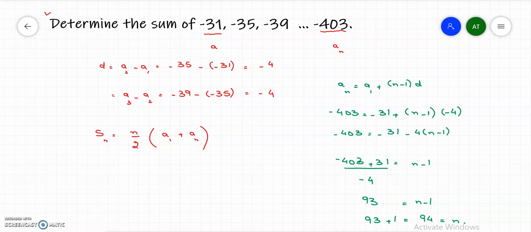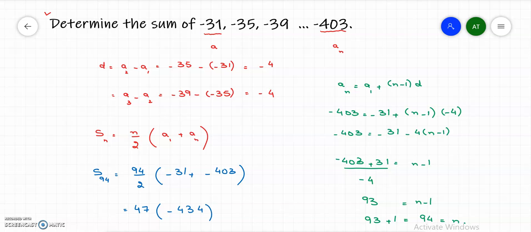Just substitute the n into the sum formula and find out the sum of the arithmetic sequence. So S94 would be equal to 94 divided by 2 into (A1, which is negative 31, plus An, which is negative 403). Okay, so we have 94 divided by 2, that is equal to 47, right? And we have negative 31 and negative 403, that would be equal to negative 434.